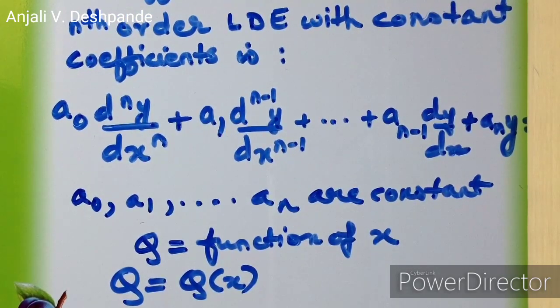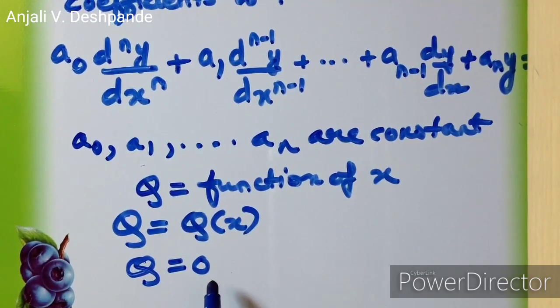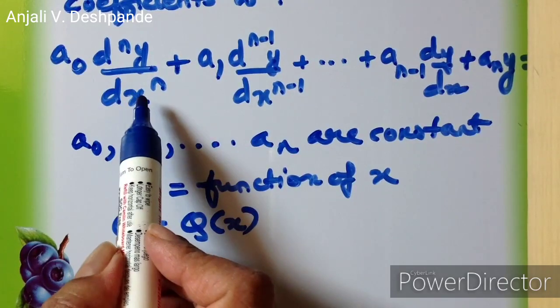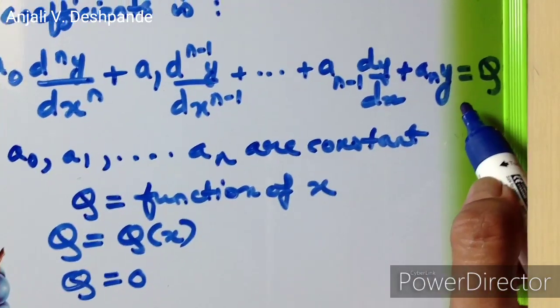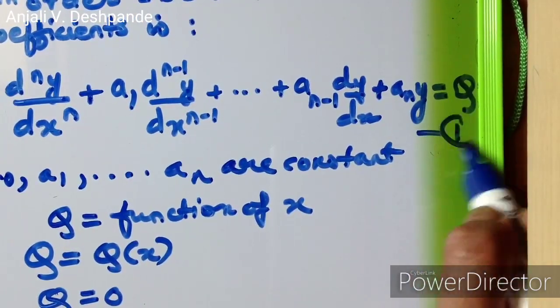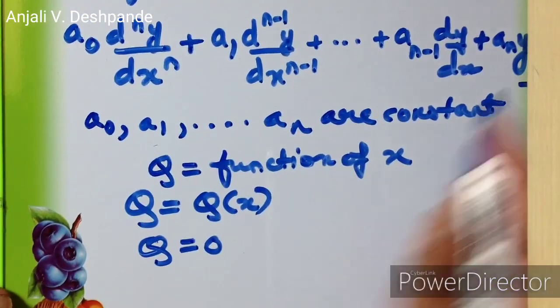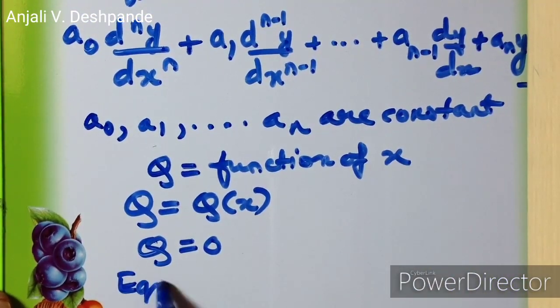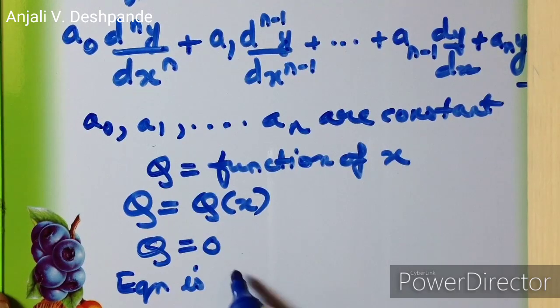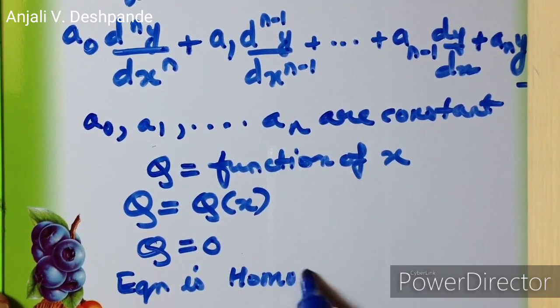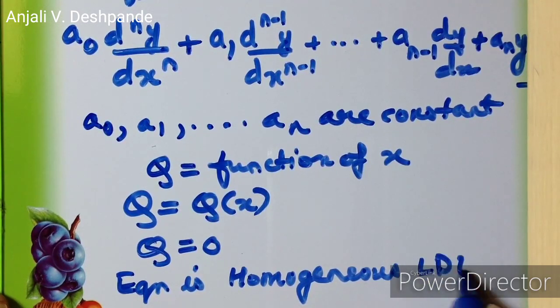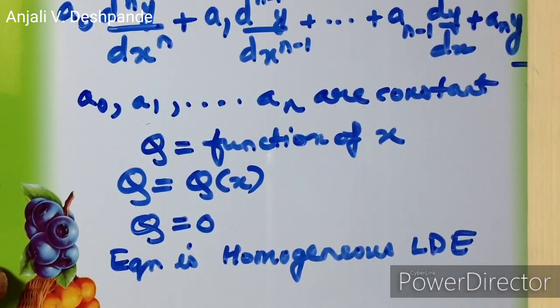So sometimes this Q will be equal to 0. If Q is equal to 0, then this equation, I will just call it equation 1 over here, then equation 1 is the homogeneous LDE with constant coefficients.